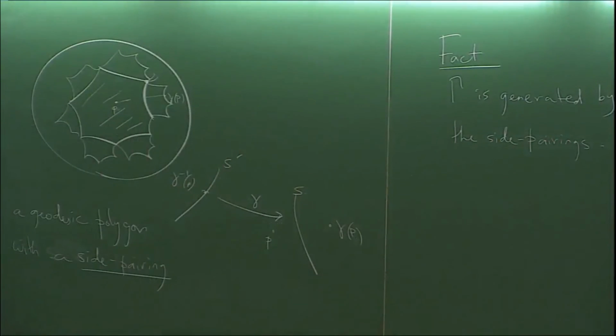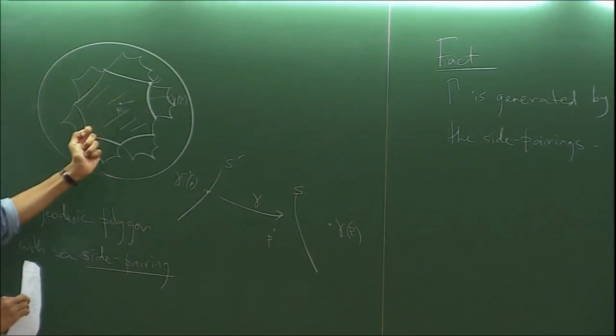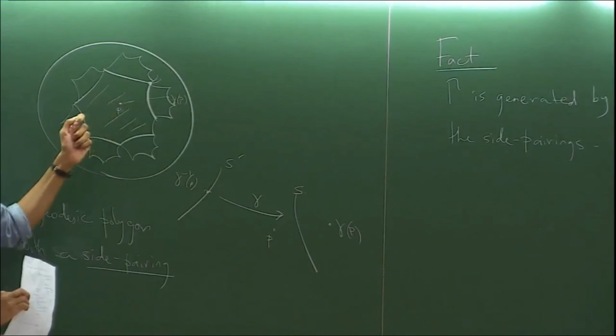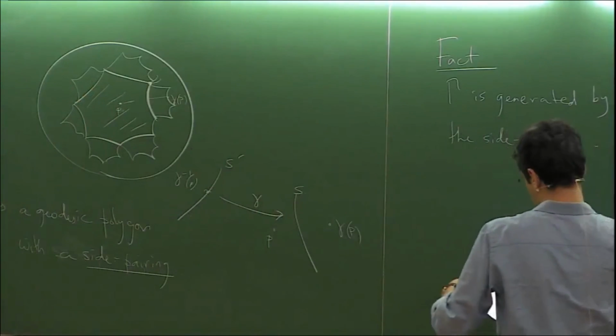We'll see examples of this in a second. Once you have the Dirichlet polygon, you'll have a bunch of elements of gamma that pair different sides. The group gamma is generated by all these elements. That's a fact which I won't prove now.